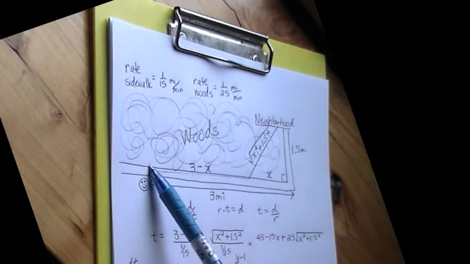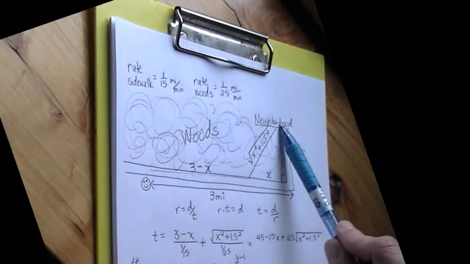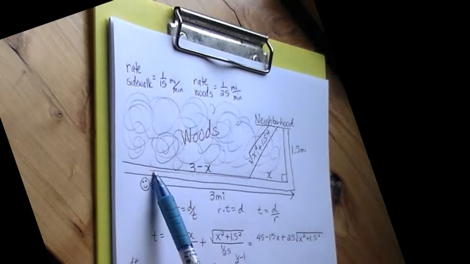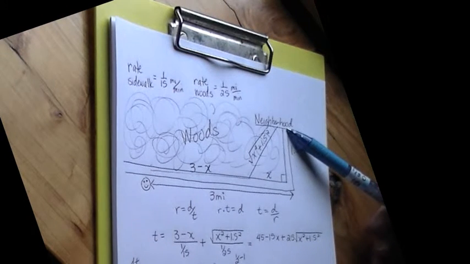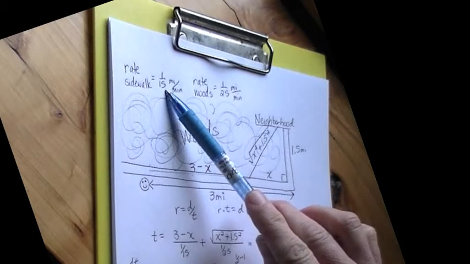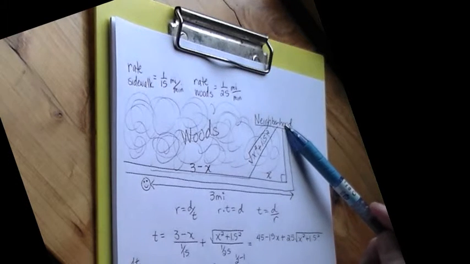It turns out it's going to take about 84 minutes to go all the way through the woods. But if I walk down the sidewalk and I walk the 3 miles and then I walk the extra 1.5 miles, it turns out that at my 15 minutes per mile pace, that only takes me 67.5 minutes.